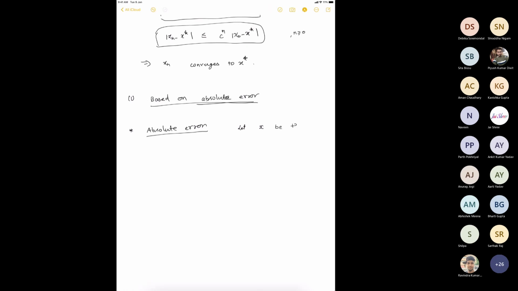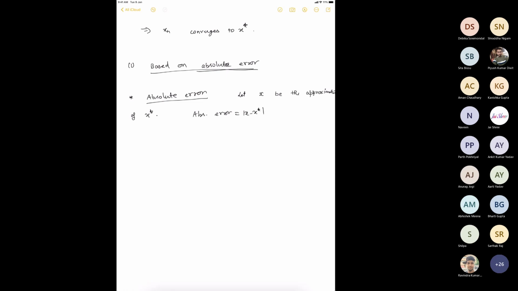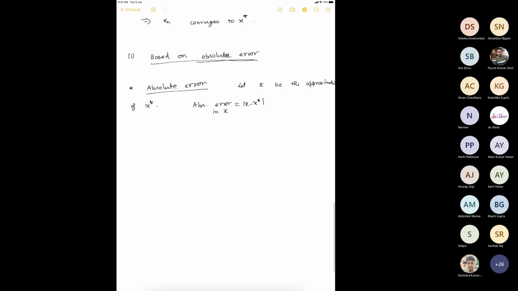Let x be the approximation of x star. Then, as the name says, you are just computing the absolute value. So the error is nothing but the absolute value of x minus x star. This is called the absolute error in x.